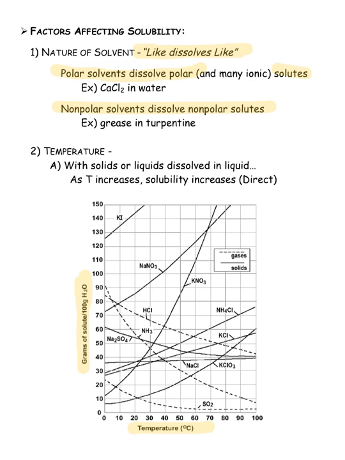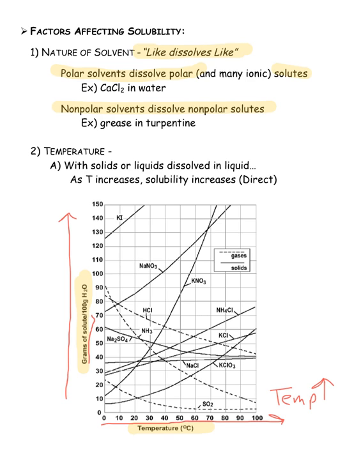As we move across the x-axis, temperature is increasing. And as we go up the y-axis, grams are increasing. This is grams of solute. Remember, grams of solute, not the water, not the solvent, the grams of the solute.